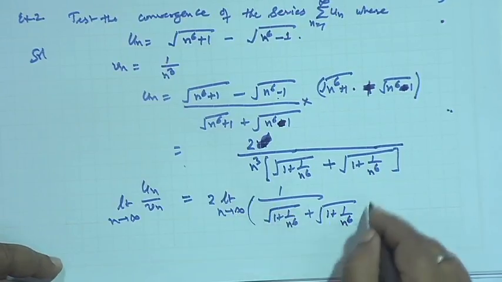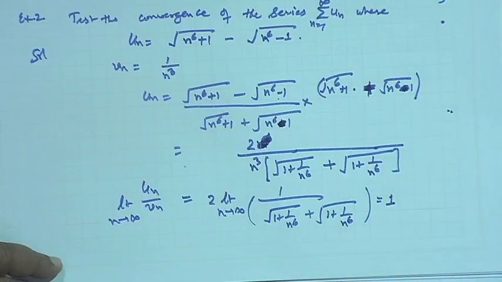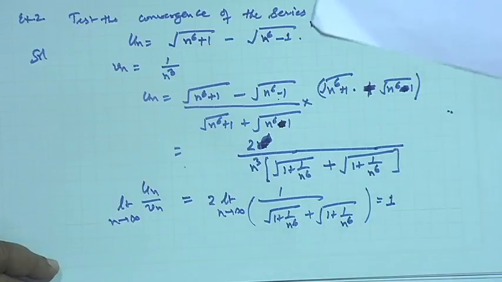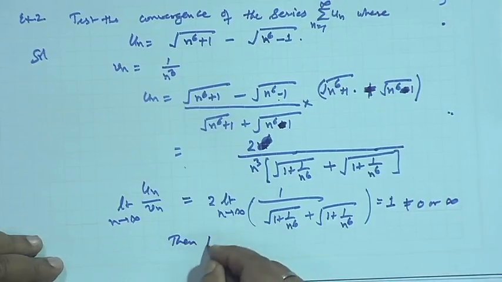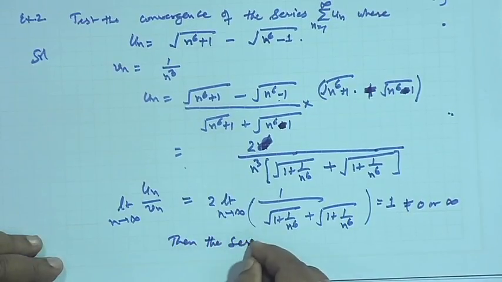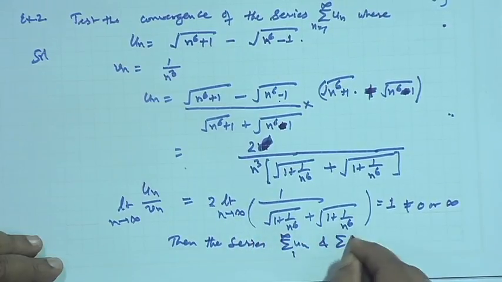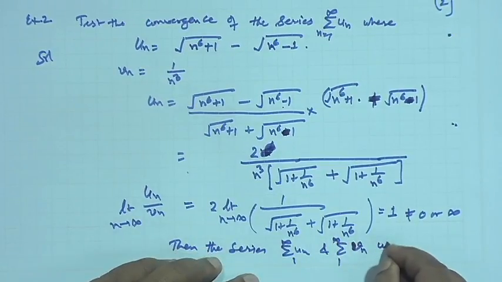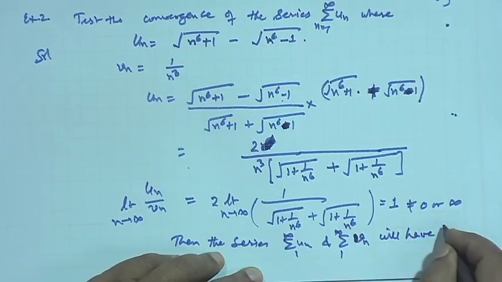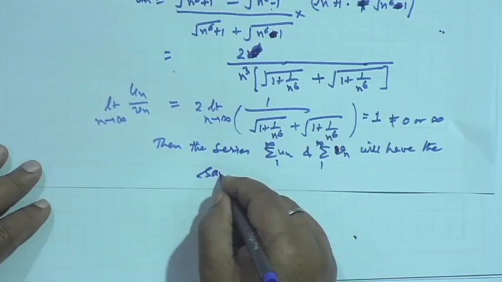When n tends to infinity, the limit will come out to be 1, and if the limit of the ratio u n over v n is different from 0 or infinity, then both the series sigma u n and sigma v n will have the same nature.